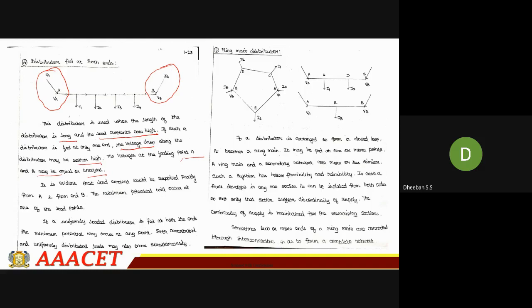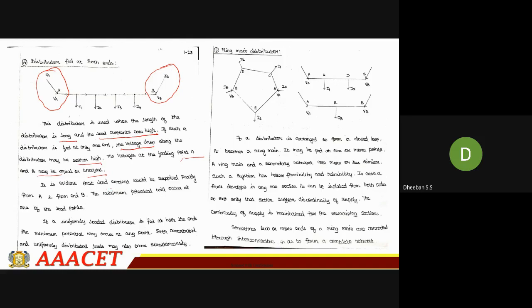So in order to make the voltage drop uniform throughout the distributor load, you have to feed from both the ends to meet the high current expectation. So in case of industrial loads, we'll be making use of a distributor load which is fed at both the ends.